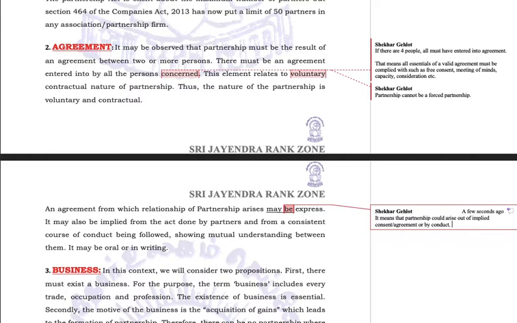It may also be implied through the acts done by the partners and from a consistent course of conduct being followed. Whatever consistent practice they follow between them can show whether the relationship is something else or a partnership.